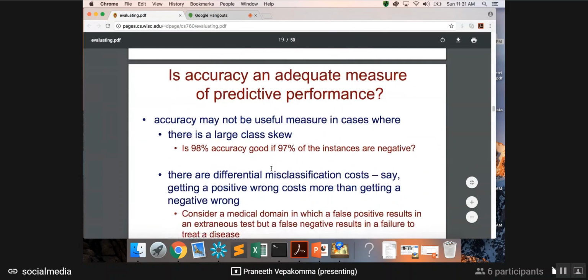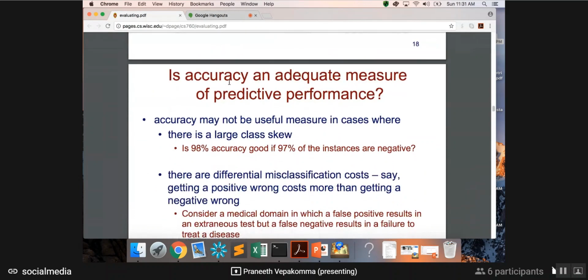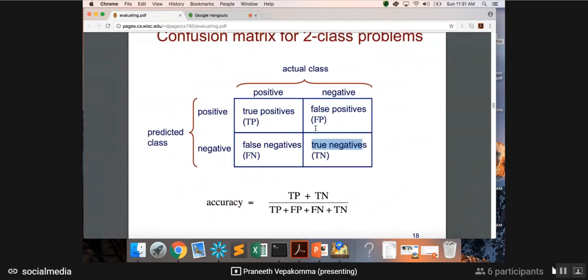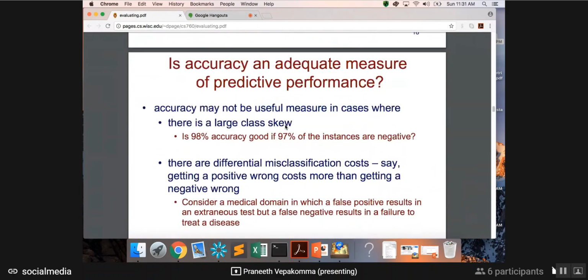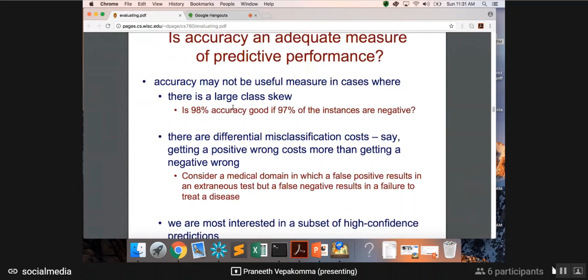Is accuracy an adequate measure of predictive performance? No, because we clearly see from here that we care about not just overall accuracy, but also individual class performances. Also, if you have an imbalanced situation, with high class skew, where one class is very major in your data set, then if I blindly predict the major class always, for example always say no spam, just by chance I would have a very high accuracy, but that is not good enough.